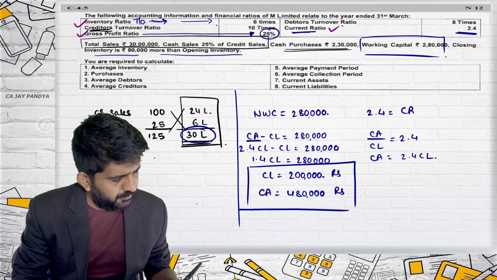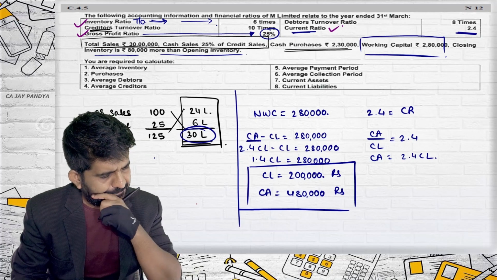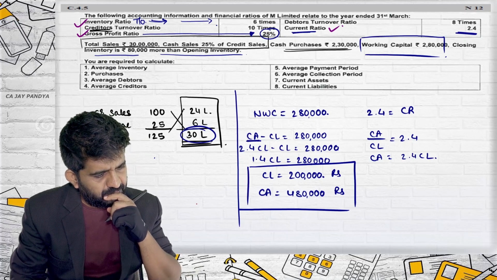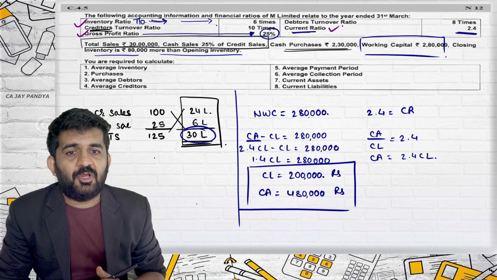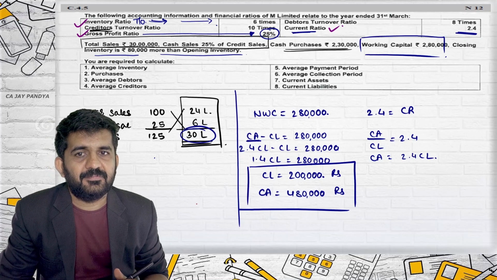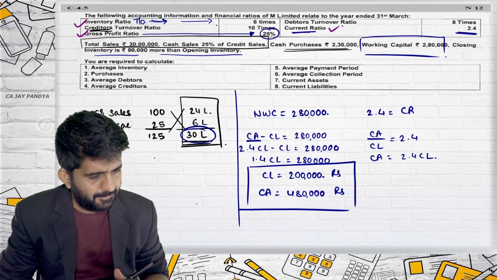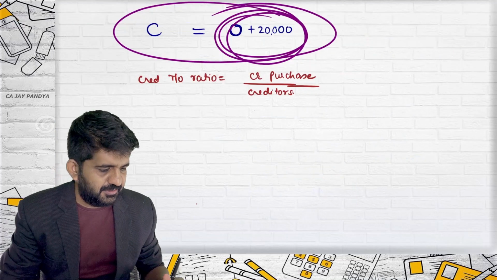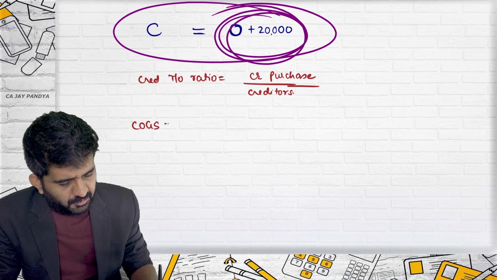How will I find it out? Yes, by COGS. But creditors are not matched with COGS. Credit purchase is total purchase minus cash purchase. So how will you find out total purchase? By COGS, yes. You are correct.